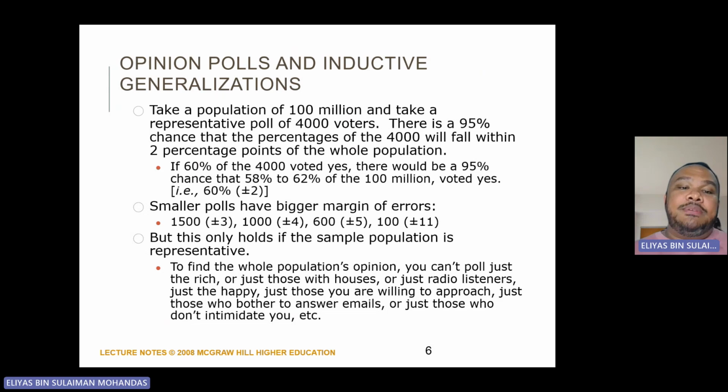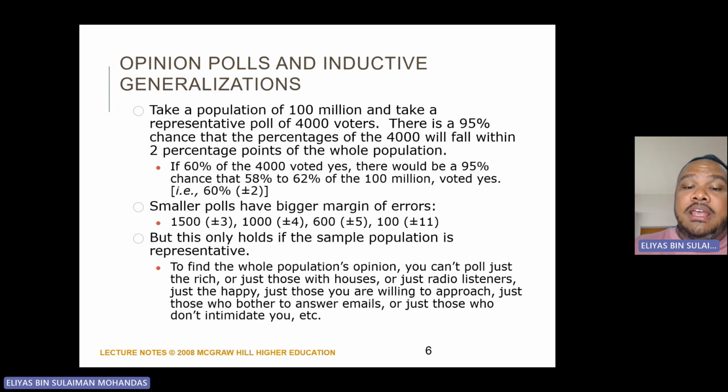So there is a 95% chance that the percentages of the 4,000 will fall within 2 percentage points of the whole population. So if 60% of the 4,000 voted yes, there would be a 95% chance that 58% to 62% of that 100 million voted yes. So we call it 60% plus minus 2.